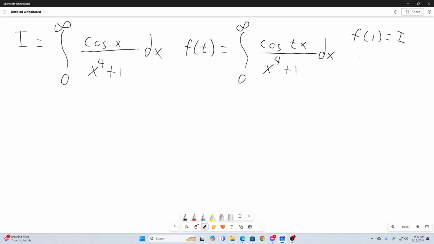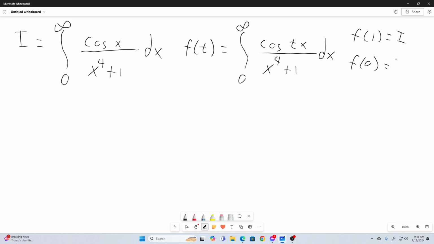And f at 0, what's that? Well, that's going to give us the integral from 0 to infinity of 1 over x to the fourth plus 1, which is not a trivial integral to solve, but it can be solved using traditional techniques. So I'm not going to show that, or else this video would be much too long. But that is something you can do on your own.